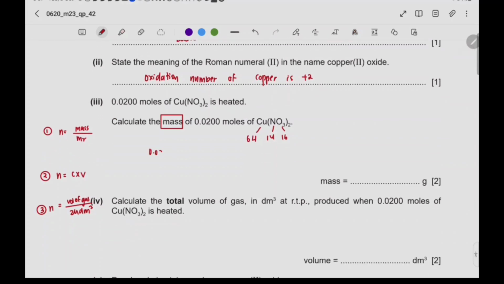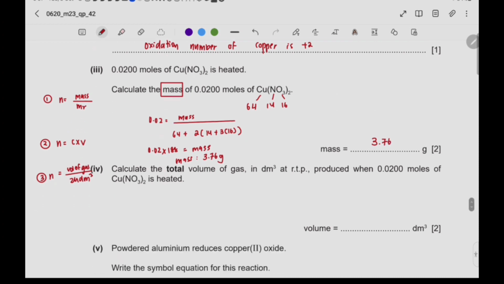Number of moles 0.02 equals mass, the one that I need to find, divided by 64 plus 2 times 14 plus 3 times 16. So the answer should be 0.02 times 188 equals your mass. So mass is 3.76 gram. Chemistry is nice. They always write the unit for you already.